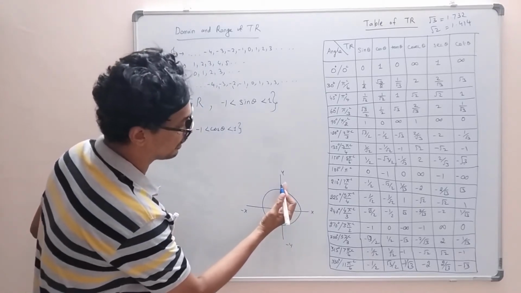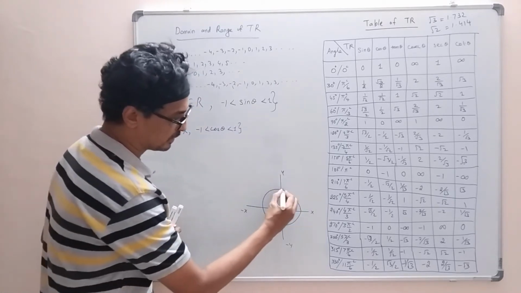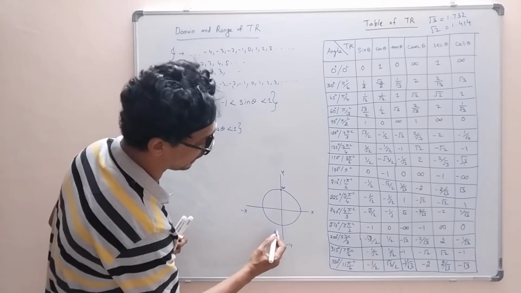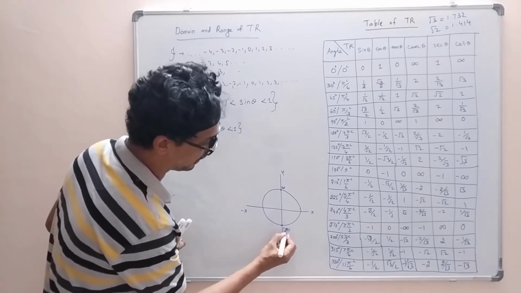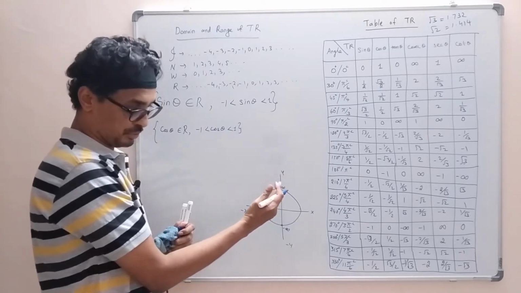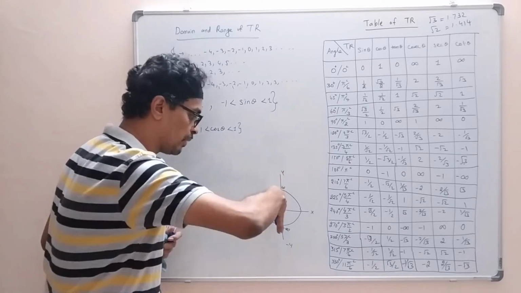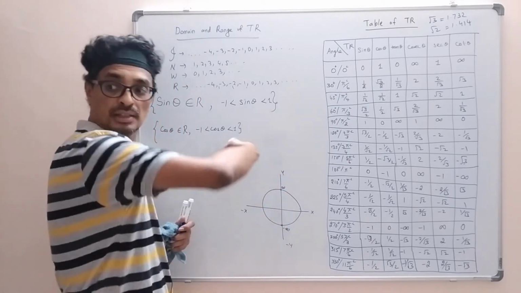Which are the values where tan theta will be infinity? Pi by 2. This is infinity, and then this is 3 pi by 2. This is minus infinity. Then if it goes again, it will be 5 pi by 2, 7 pi by 2, and so on. So tan theta is equal to plus or minus infinity for theta equal to pi by 2, 3 pi by 2, 5 pi by 2, 7 pi by 2.